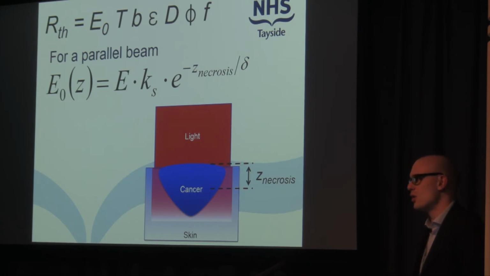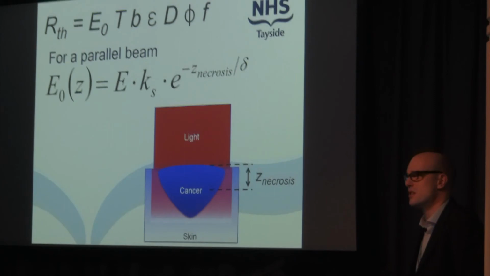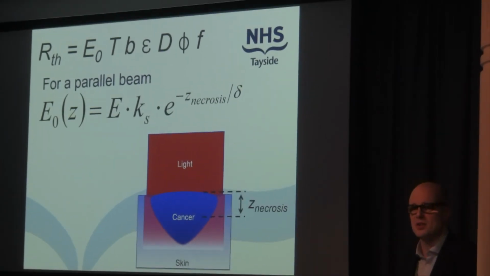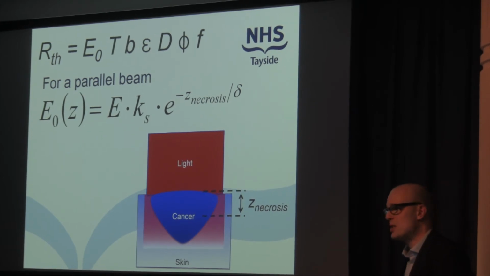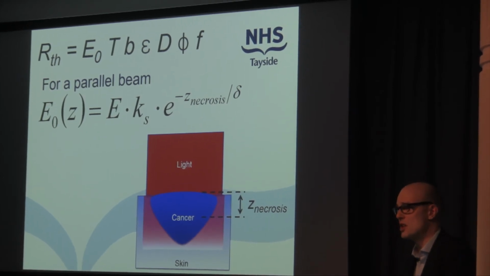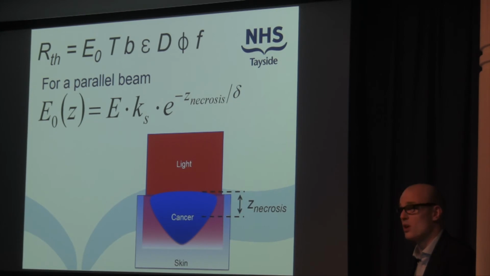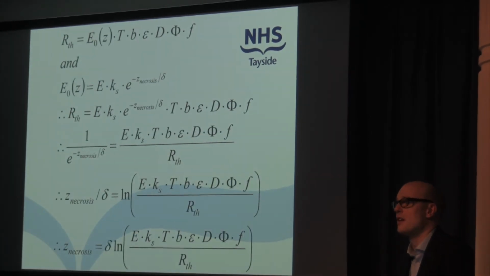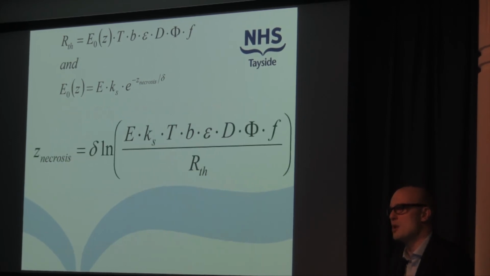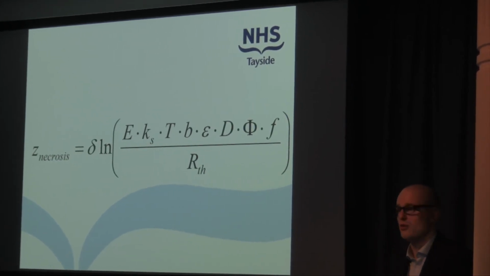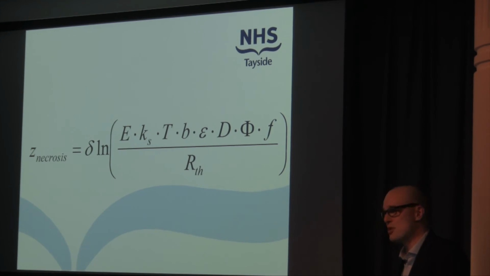Again, we have the equation on the top for the threshold value of oxidizing events, and the one underneath represents the fluence rate. Now, this maximum depth of necrosis, Z, is defined in the equation here, and with a little bit more horrible looking maths, you can substitute in the equations, rearrange, and come up with a value for how Z is represented.